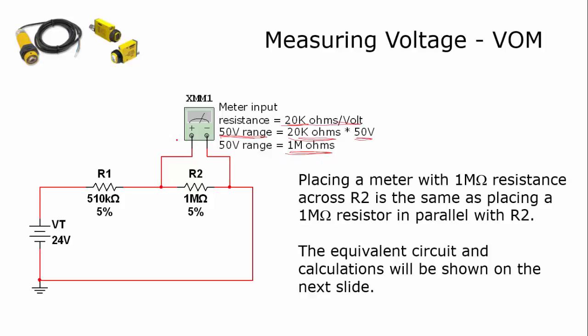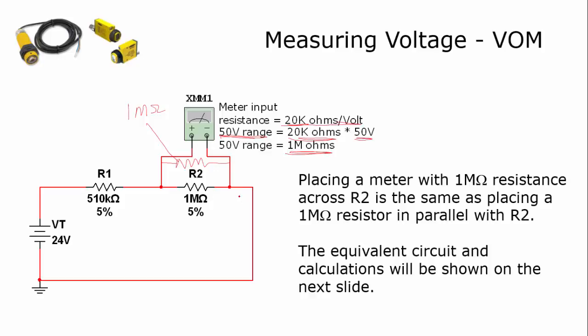So when I'm placing this meter across R2, I'm actually placing a 1 megaohm resistance across R2. I can replace this meter with a 1 megaohm resistor.